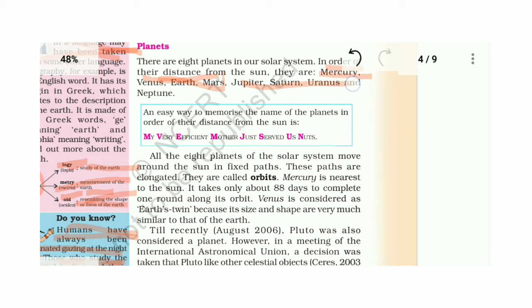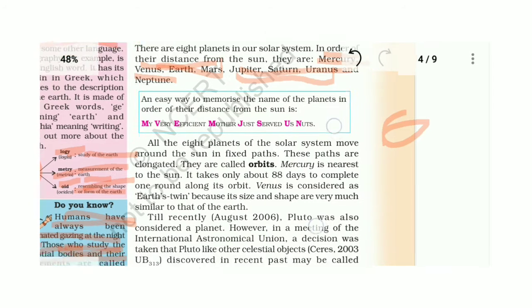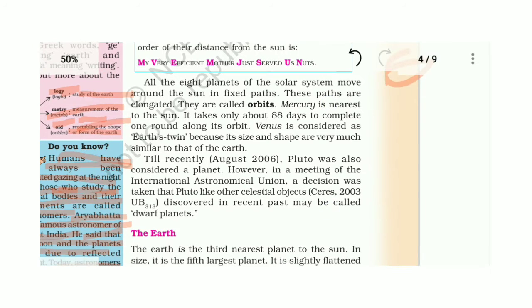Jupiter, Saturn, Uranus, and Neptune are made up of gas and liquid, and they are called gas giants. Jupiter, Saturn, and Uranus have outer rings. All the 8 planets move around the sun in a fixed path, which we call an orbit.